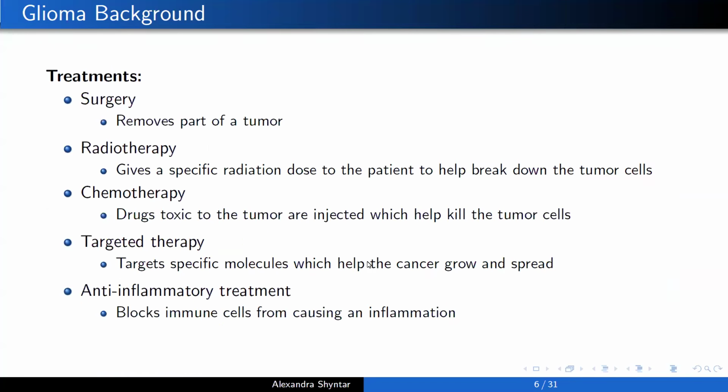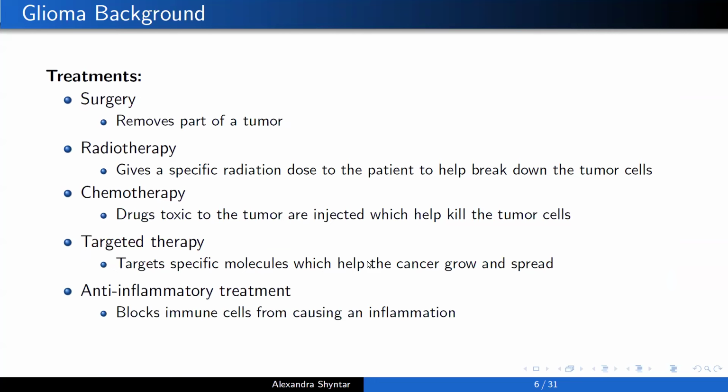So there are several treatments for glioma. There's surgery that removes a part of a tumor. It is kind of impossible right now to remove the whole tumor due to its diffuse nature. There's also radiotherapy, which provides a radiation dose to the patient, and this radiation helps break down the tumor.